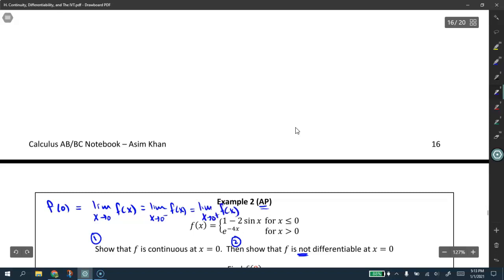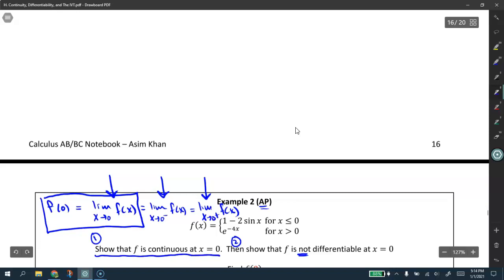We need to make sure that this is equal to that. So the definition of continuity, as we've learned it, gets a little bit extended, but that's only because in a piecewise function, an overall limit means the left and the right functions of that particular number. So let's talk about number one first, showing that f is continuous at x equals 0.